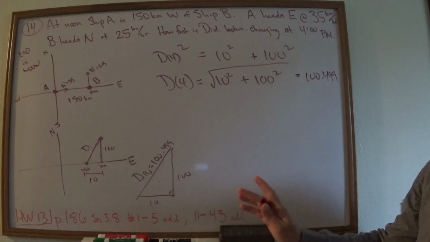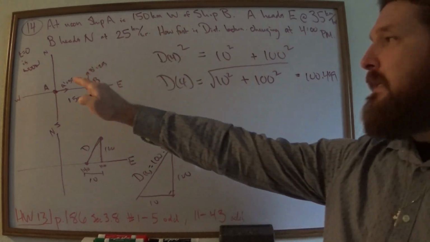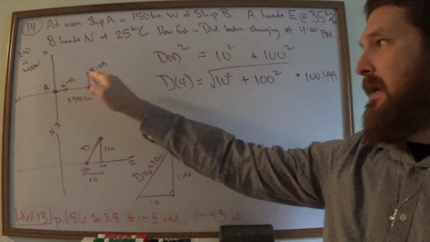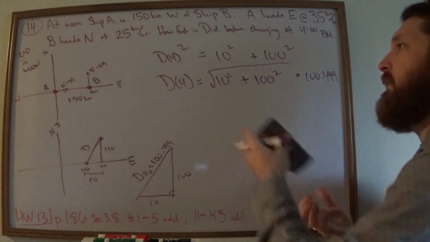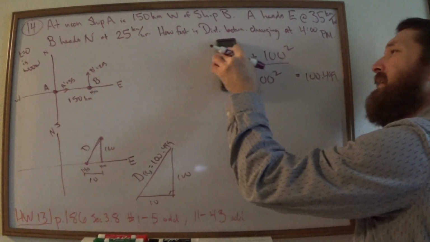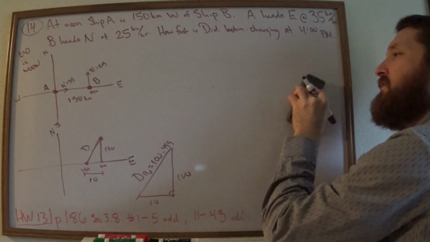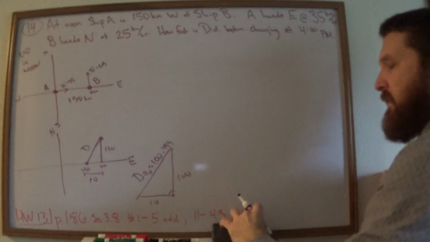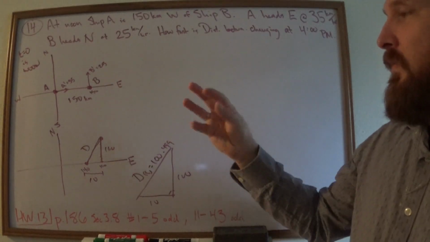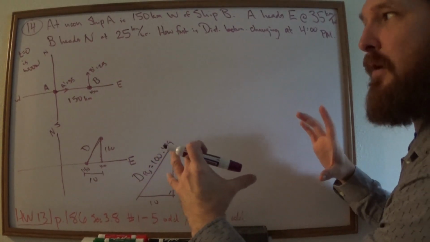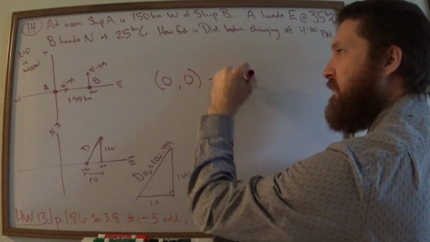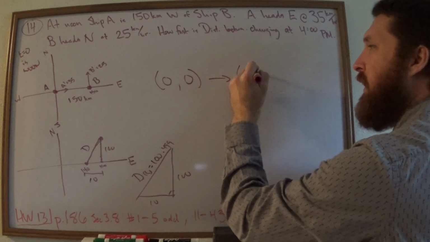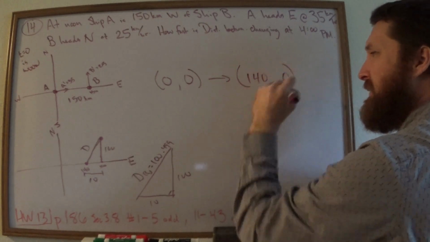We're also going to need actual explicit functions for A and B. When I was first doing this one, I thought they were going to need to be coordinate functions, because A starts at 0, 0 and moves to 140, 0.